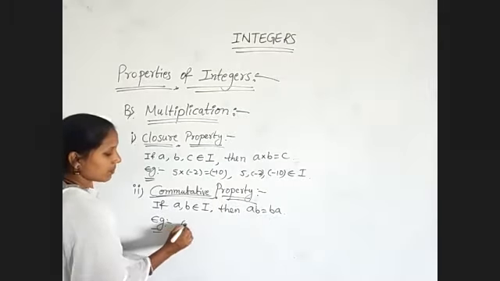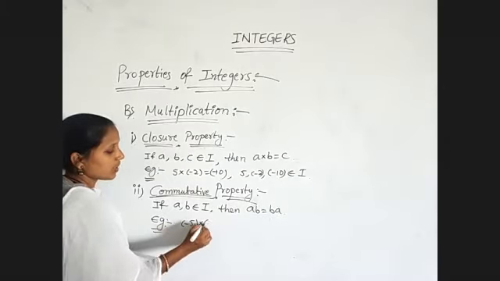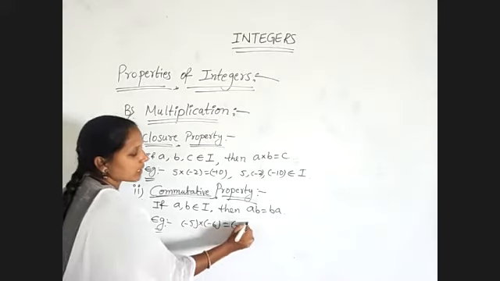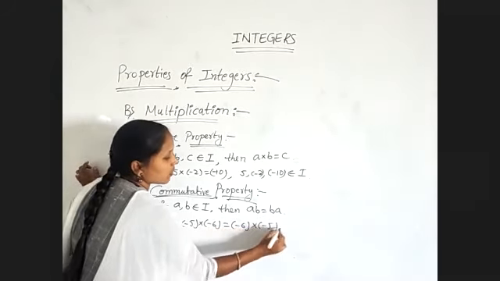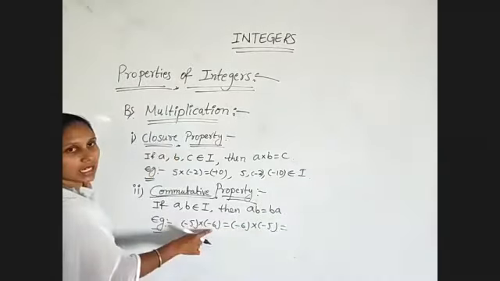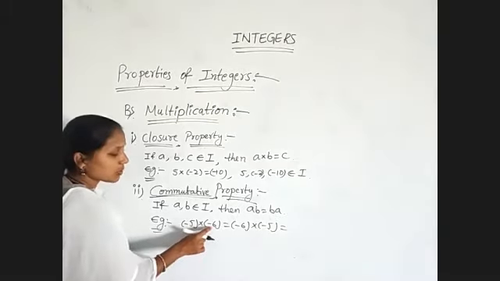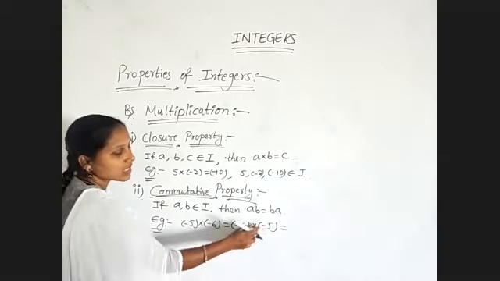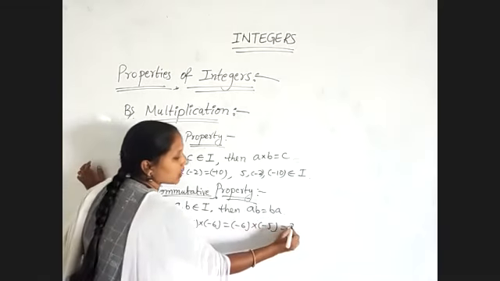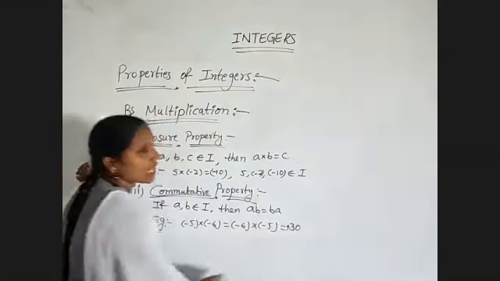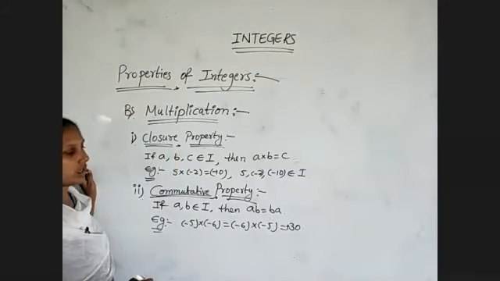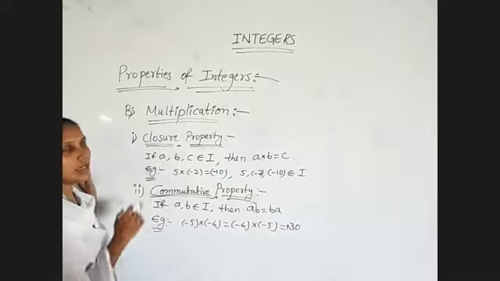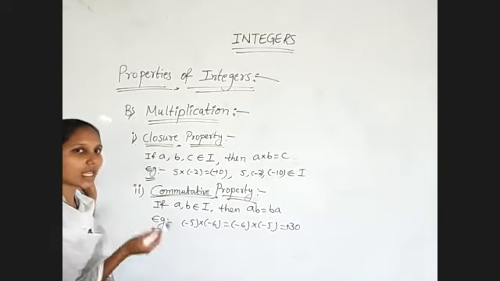That is nothing but minus 5 into minus 6 is equal to minus 6 into minus 5 is equal to 5 6s are 30. Minus into minus is plus, so plus 30. In both the cases we are getting the answer as plus 30. That means commutative property is suitable for integers over multiplication as well as addition.